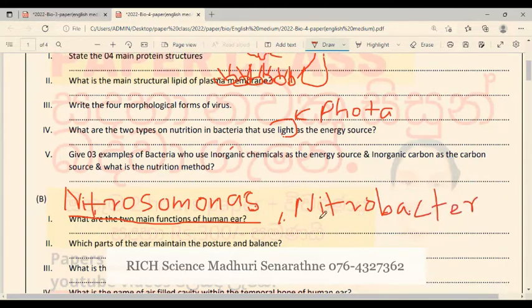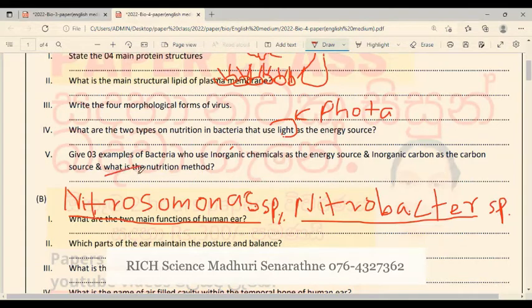You can write Nitrosomonas species, Nitrobacter species, and the third one is Thiobacillus thioxidans. In Thiobacillus, the species name should be there.